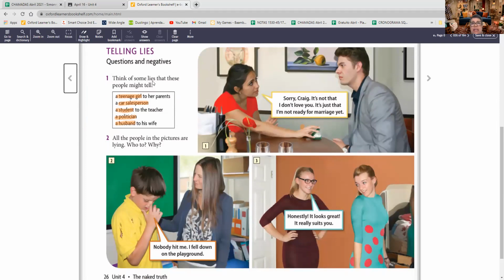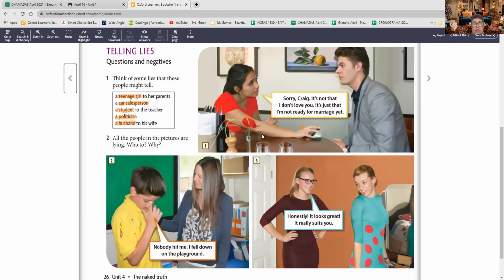They are telling lies, or they are lying. They are not telling the truth. So here we put who the people might be, who are the people involved. Here we have the examples. Think of some lies that these people might tell.